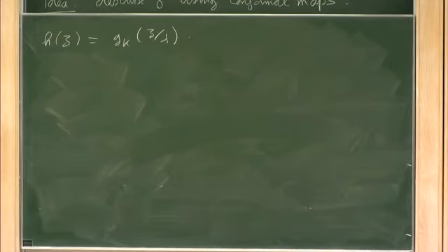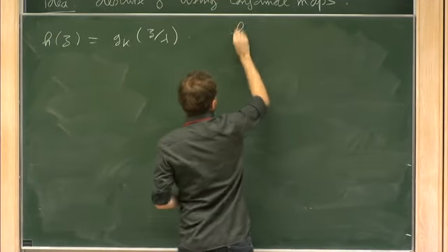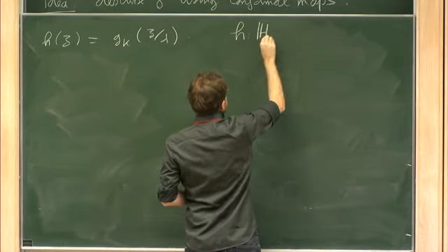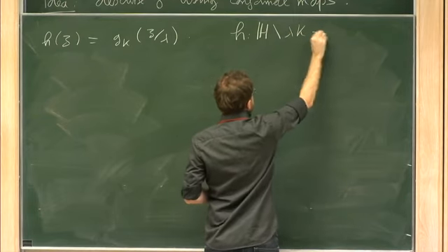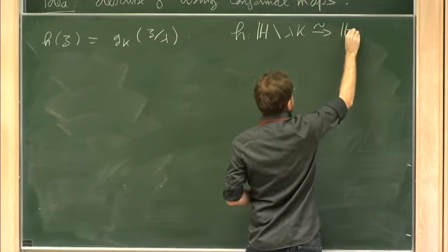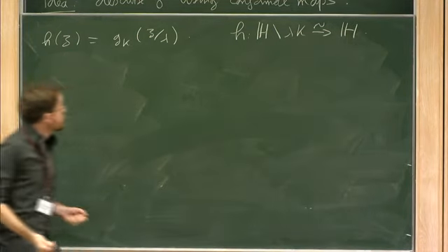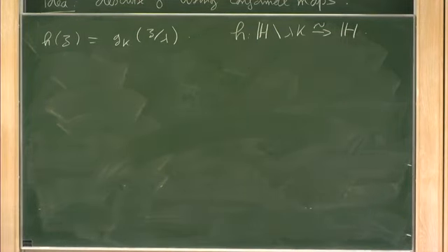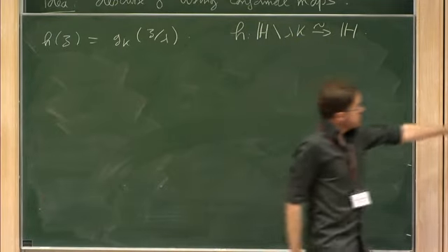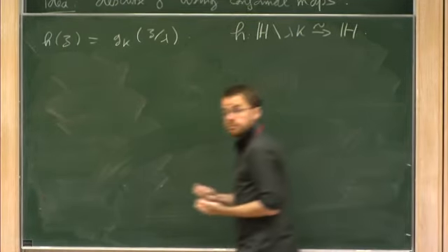So it's a composition of conformal maps. It maps the complement of lambda K back to H. So h is a conformal map from H minus lambda K back to H. So it's one of the conformal maps here in the question.